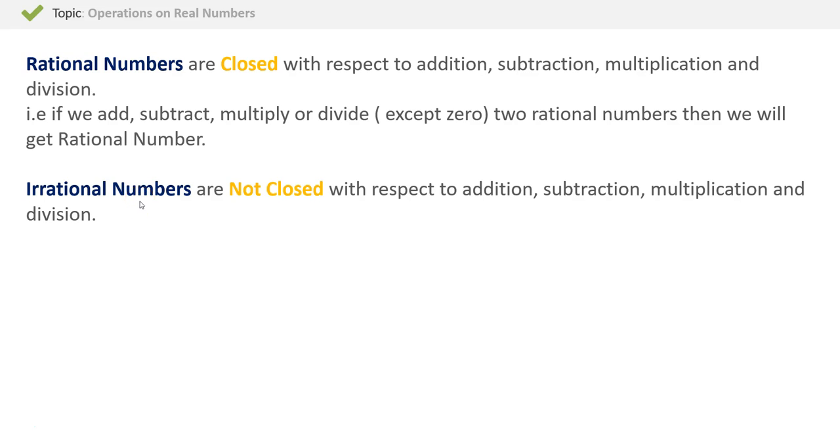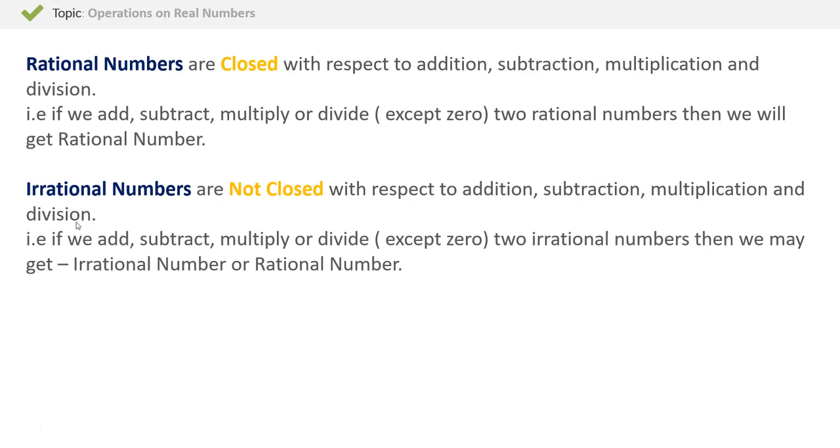Irrational numbers, however, are not closed with respect to addition, subtraction, multiplication, and division. What it means is that when you try to add, subtract, multiply, or divide, except 0, any two irrational numbers, then you may get an irrational number or a rational number depending upon the output of the operation.